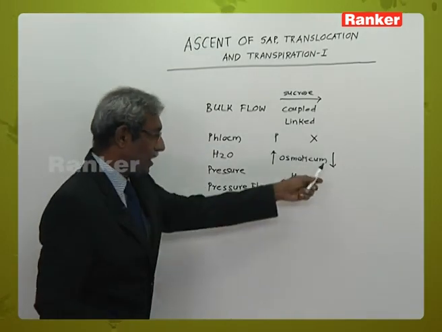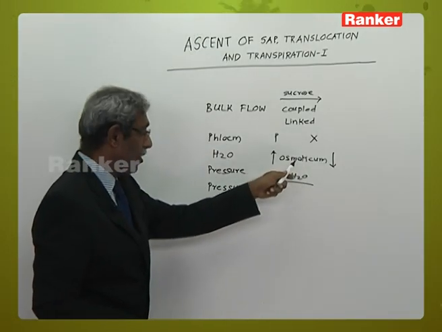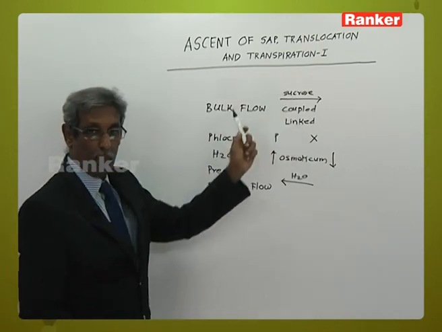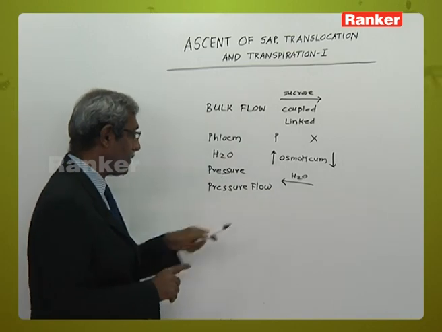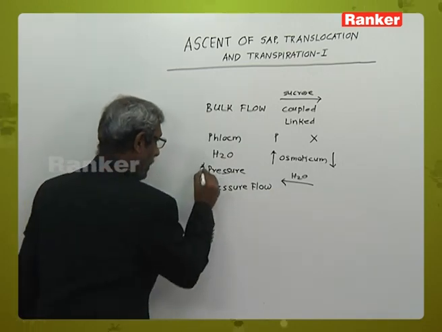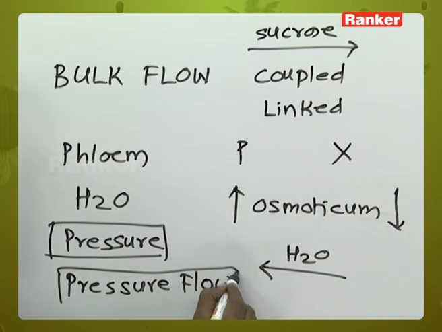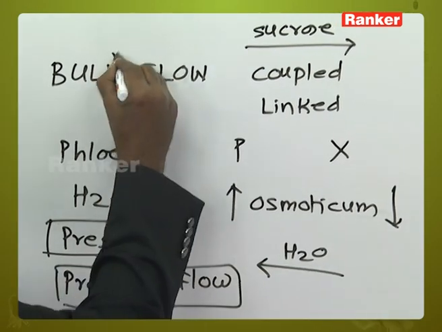Whenever there is a circulation of water due to an osmoticum, there is a link between the xylem and the phloem and also movement of sucrose. The entire process, which is determined by pressure, is termed as bulk flow.